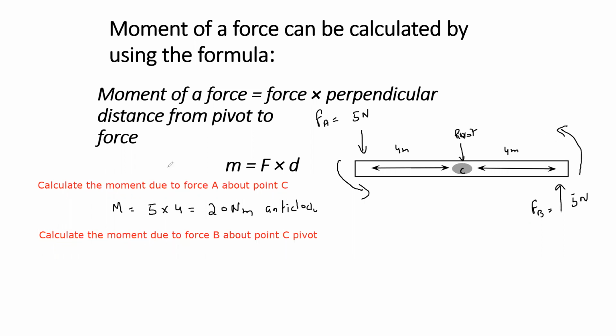In this manner it will rotate. So what is the moment? Again, the force is 5 multiplied by the distance 4, so 5 multiplied by 4 equals 20 Newton meter. And the direction? That's anti-clockwise, good. So that is also anti-clockwise. Is it clear, the first two parts? First we calculated the moment due to force A, then the moment due to force B. Now the third part: calculate the resultant moment.